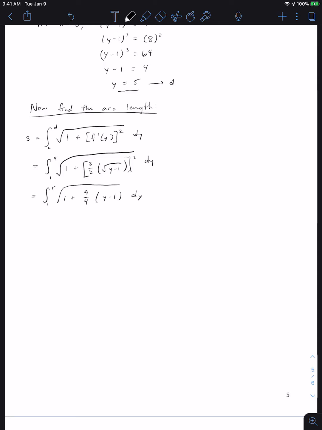Okay, so now I get the integral from 1 to 5 of the square root of 1 plus 9/4 y minus 9/4 if I distribute that 9/4. Now I need to combine my 1 and 9/4. 1 minus 9/4 is minus 5/4, and then I get 9/4 y.